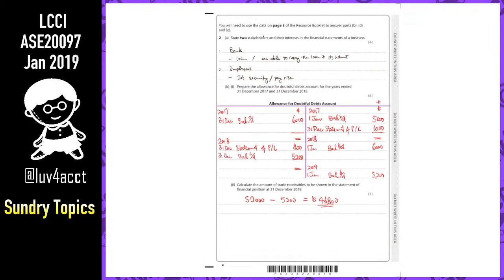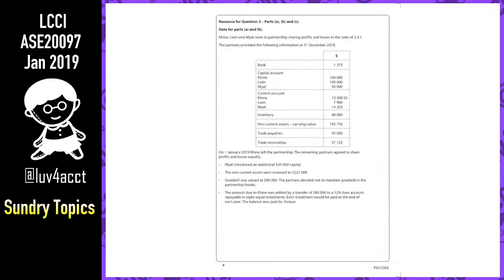Question 3, partnership. Let's see. We have Kai, Lv and Met in partnership sharing profits and losses in the ratio of 2 to 2 to 1.